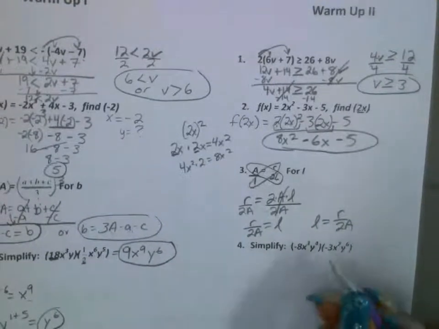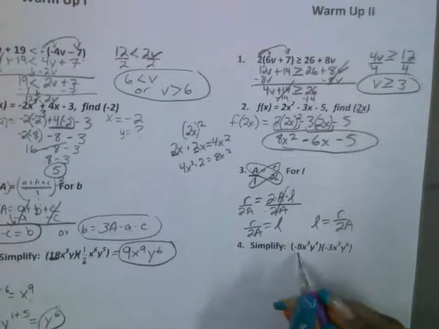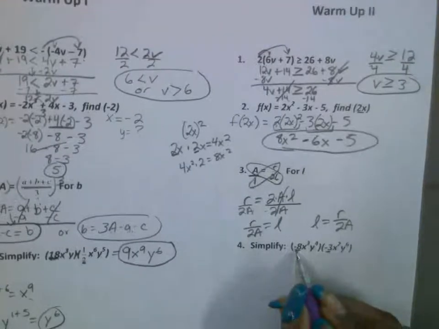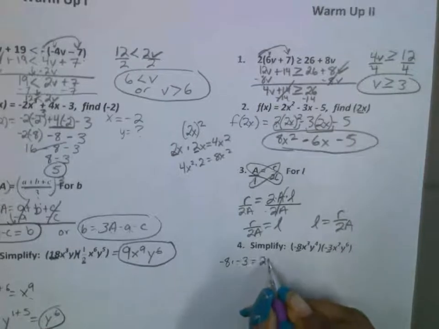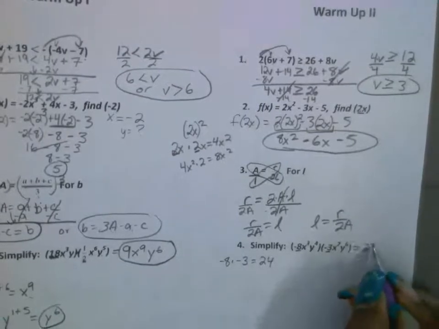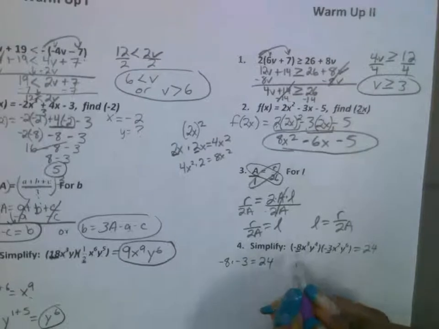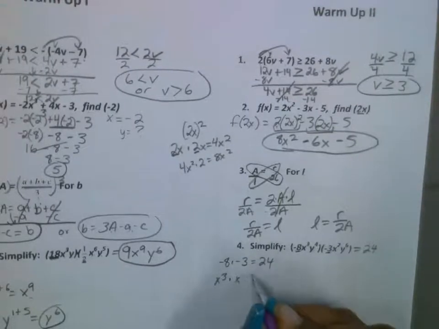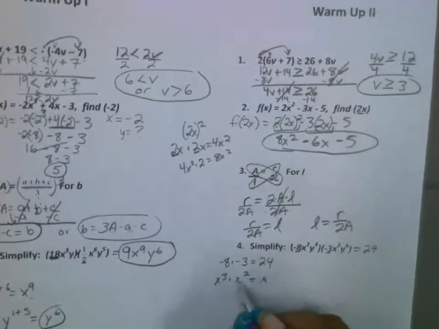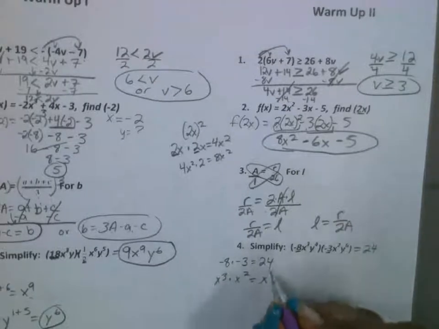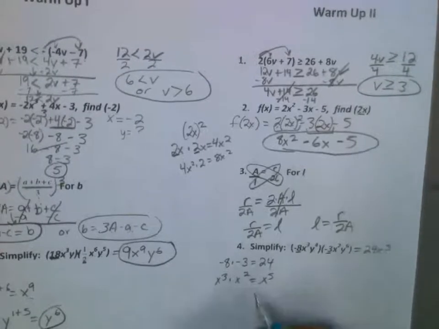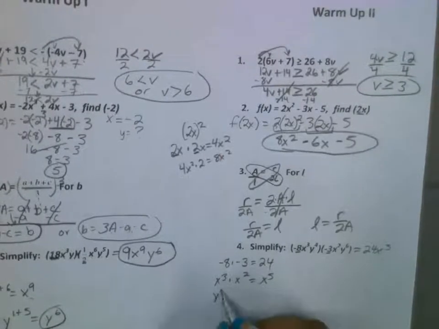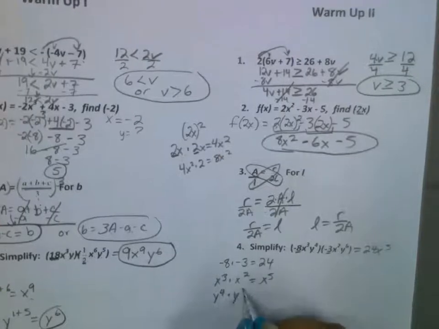This one right here, we are going to multiply these numbers first. Negative times a negative is a positive, so negative 8 times negative 3 is positive 24. Then we got x to the third times x to the second. That gives us x to the fifth. And y to the fourth times y to the sixth.